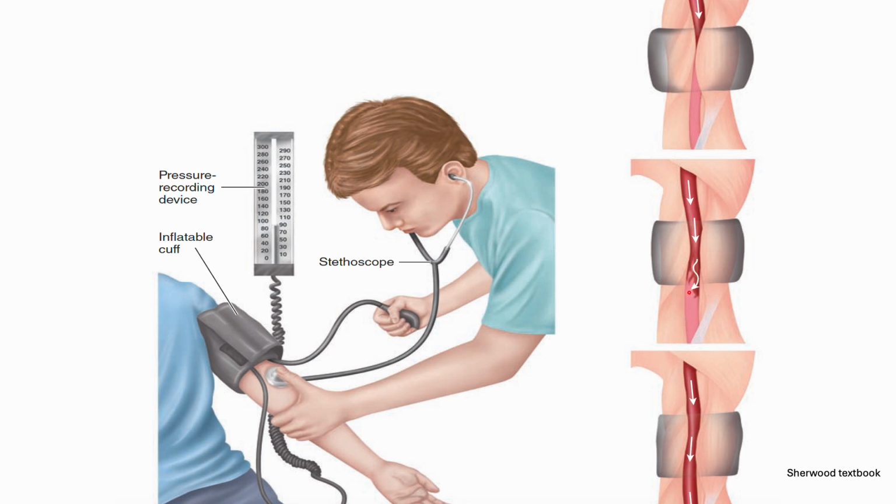Now, when you continue to deflate this cuff, there will be no more sound to be heard, especially when the vessel is widely open again. So there is no narrowing of the blood vessel, no more sounds to hear, and this represents the diastolic blood pressure.